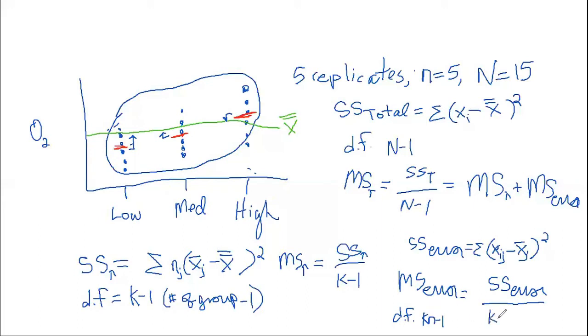So k n minus 1. I'm sorry, that is incorrect. It's actually the total number of observations minus the number of groups, N minus k. Okay, so in this case, we have 3 groups. So it'd be, we have 6 replicates, 3 groups, so it would be 6 minus 3.